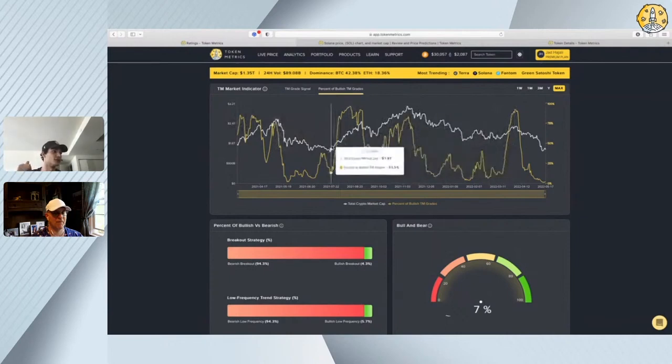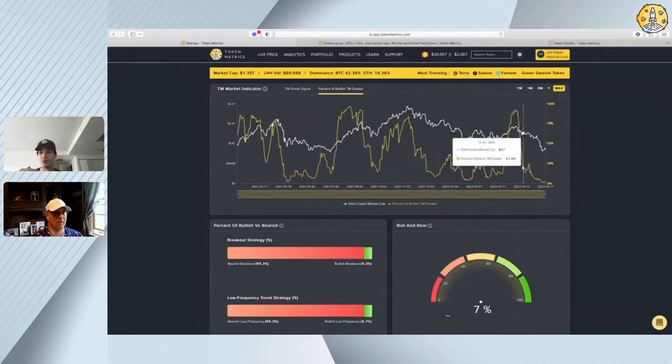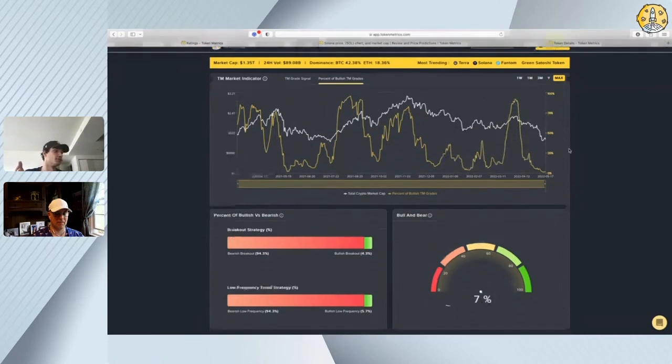As you can see, when you have a big spike in coins that have a very bullish TM grade, this signifies the start of a bull trend. Compared to here, for example, when we started seeing a very low number of coins having a bullish TM grade, which signifies that the market is bearish. And when it stays down for a while, it shows a strong bearish momentum.